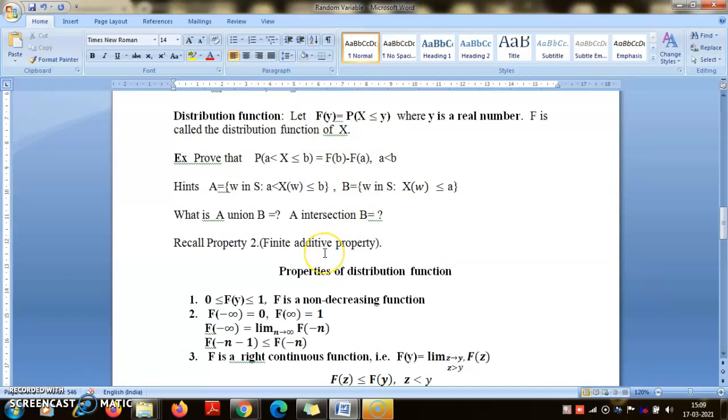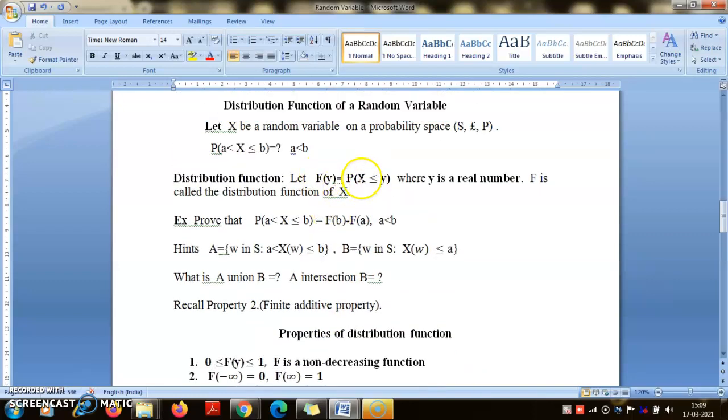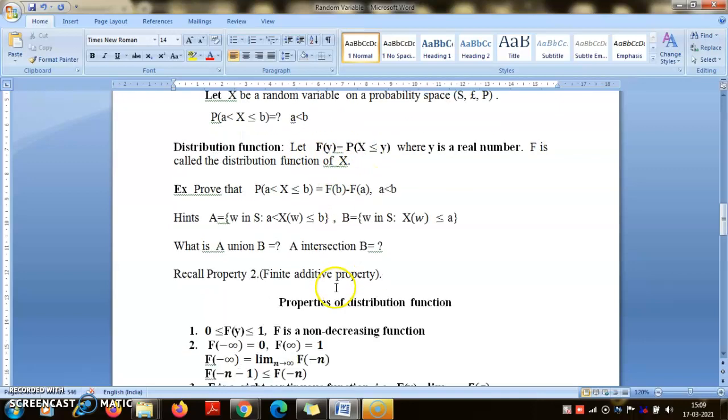So next, I am ending my lecture today. In the next class, I will show you that if the random variable is discrete, that is, it takes finitely many values with positive probability summing to 1, then this distribution function will have discontinuities. And if it is a continuous random variable, that is, the probability that X equals y is 0 for all y, then this function is continuous.